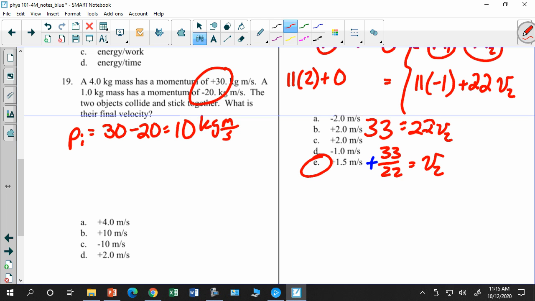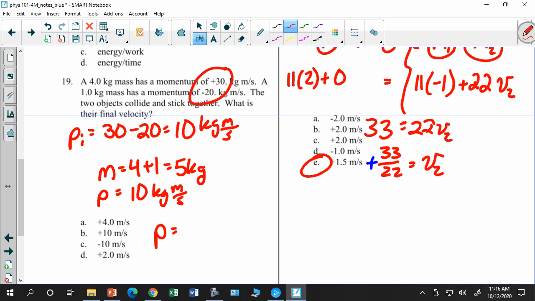That's their initial momentum. And then these 2 objects, they stick together. So the 2 objects have a combined mass of 4 plus 1, or 5 kilograms. And the 2 objects have a momentum equal to 10 kilogram meters per second. And now I want to know what is the speed. So I say P is equal to m times v. 10 is equal to 5 times v.